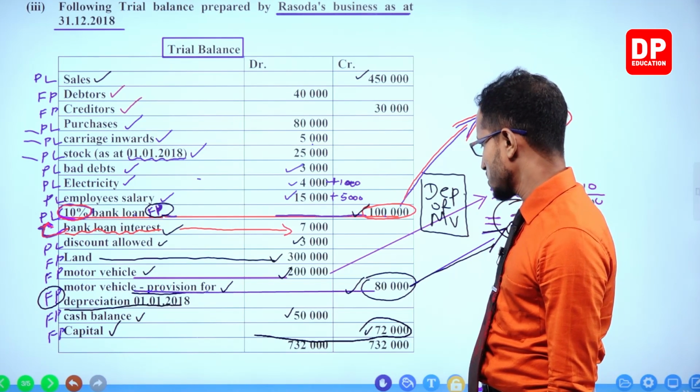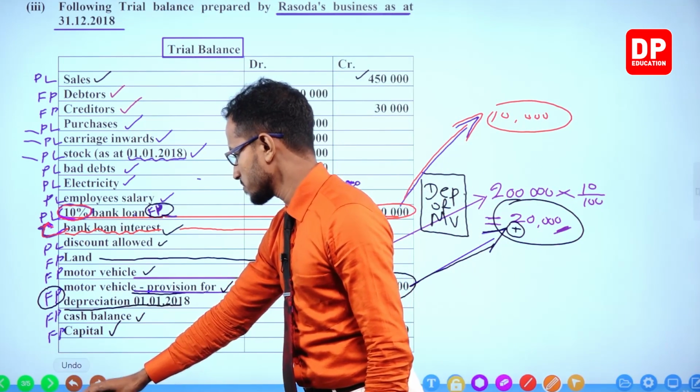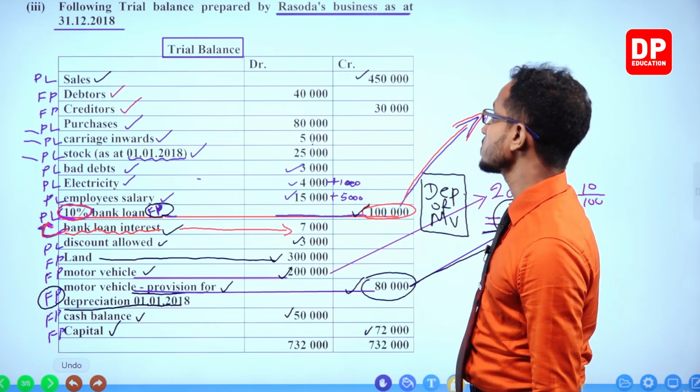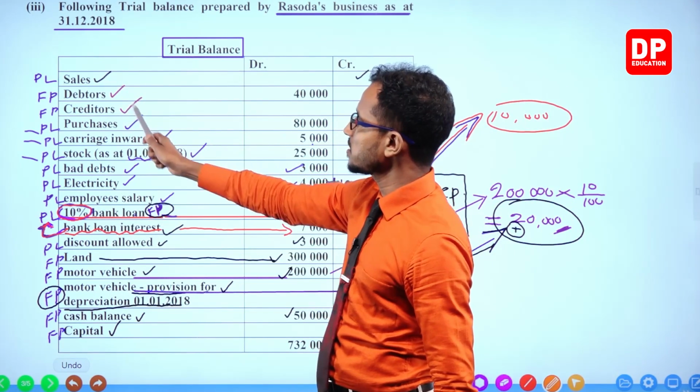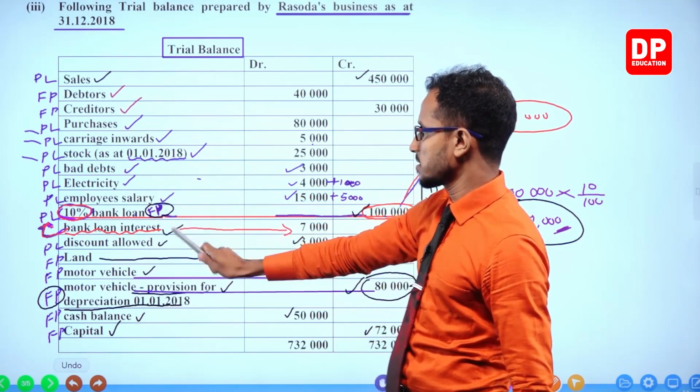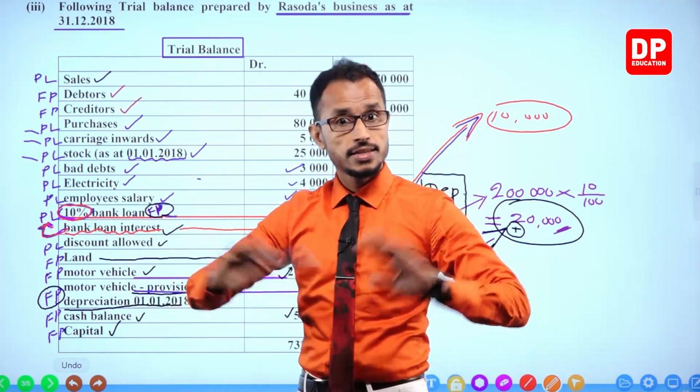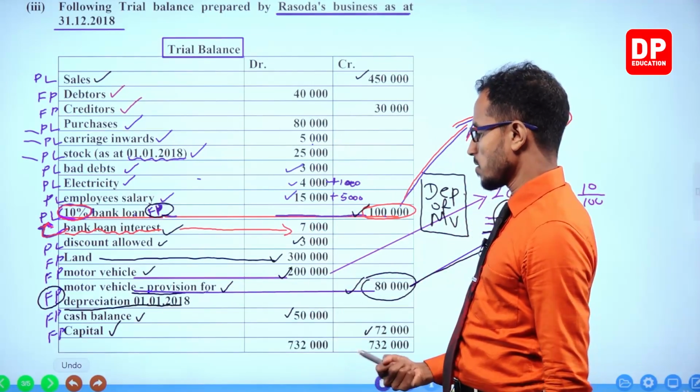Now all the items are taken, and just check whether all the items are ticked. Everybody's ticked. Right, let's go.